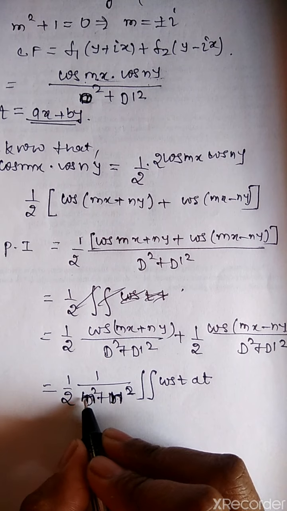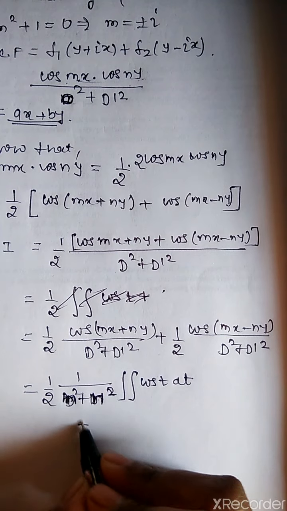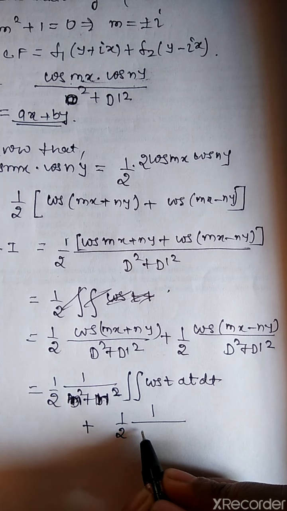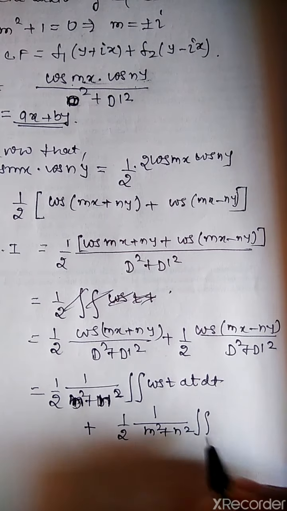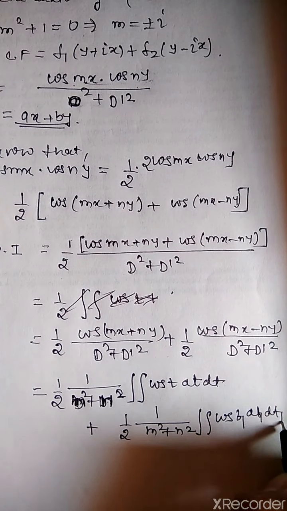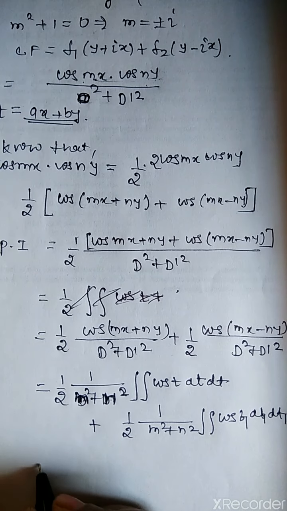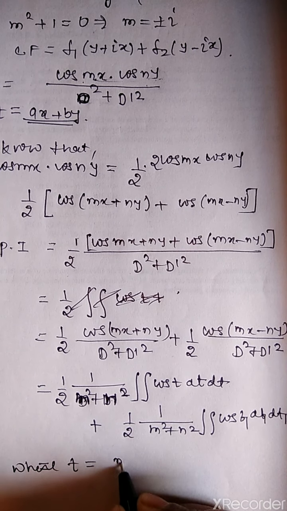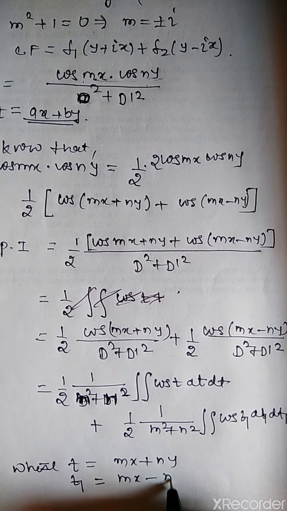So this is m square plus n square, and then plus half again, 1 by m square plus n square, double integration of cos t1, so dt1 and then dt1, where t is mx plus ny and t1 is mx minus ny.